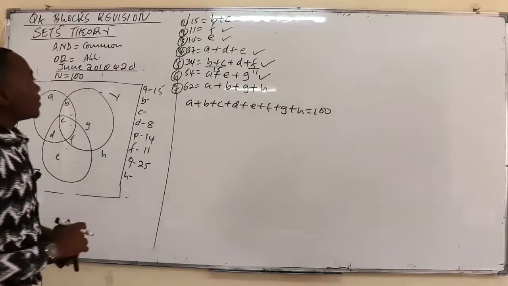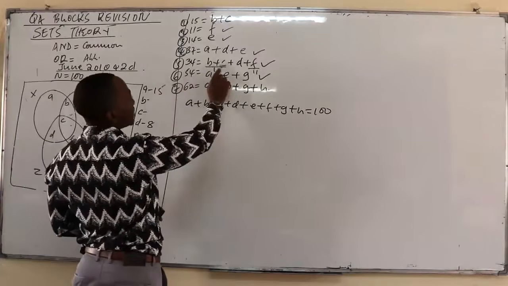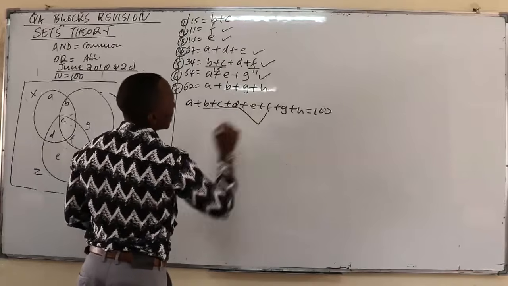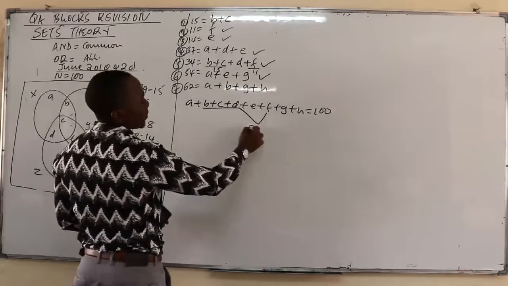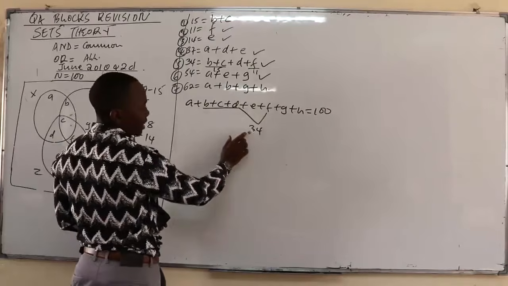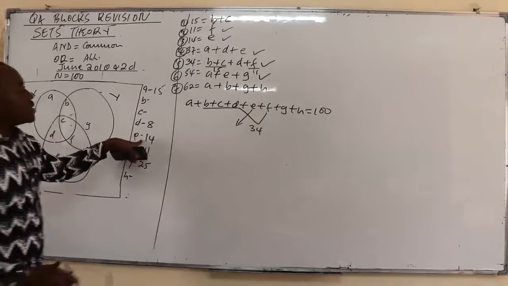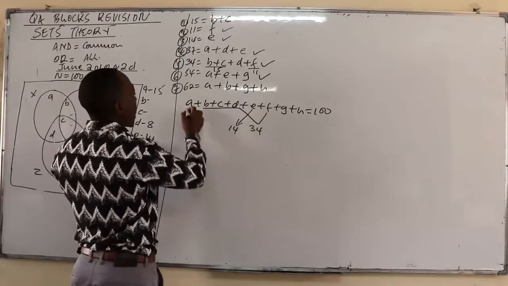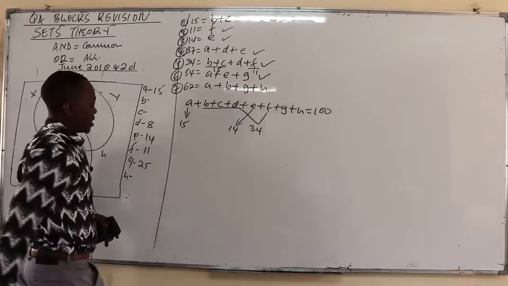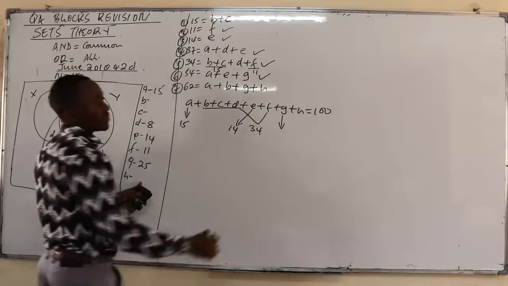What do we have? We have B, C, D, F in equation number 5. B, C, D, and F is 34. We have E is 14, A is 15, and G is 25.